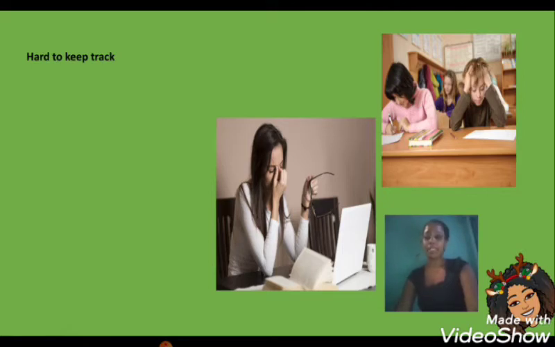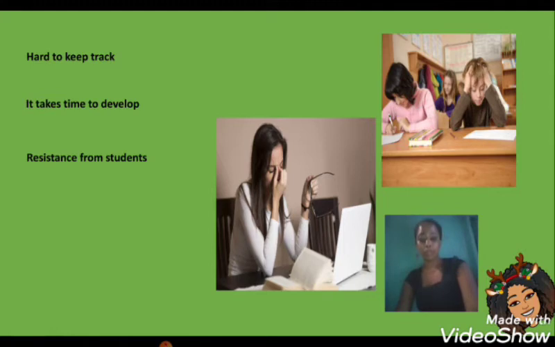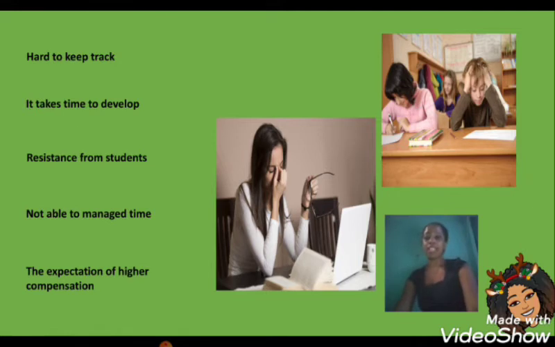Then it is hard to keep track during the session, especially online, as they can forget the transitions. It takes time to develop. Resistance from students, as they are new and accustomed to traditional methods. Not being able to manage time by having too many activities and discussions. The expectation of higher compensation, as teachers may think that they are overworking and demand higher pay from institutions.